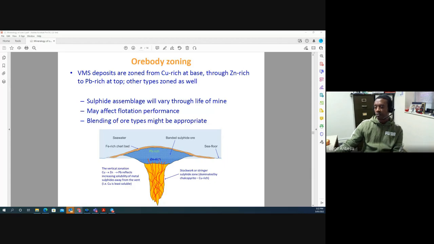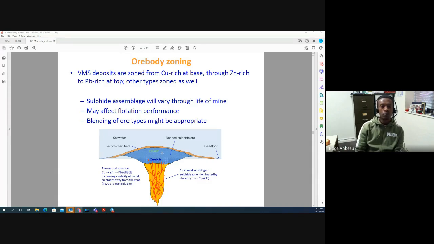Somewhere in the intermediate region, you have a zinc-rich zone, and towards the top, you have what we call the lead-rich zone. Those are zoned like that because copper sulfides are less soluble, so they tend to be at the bottom. Zinc is a little bit more soluble, but lead sulfides are more soluble, so that's why they are presented at the top of that deposit.